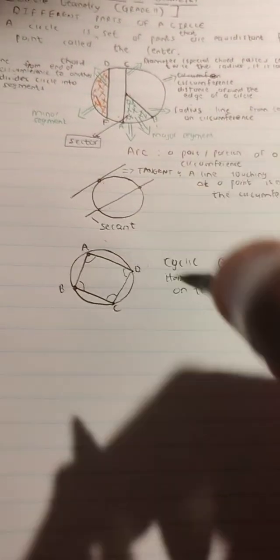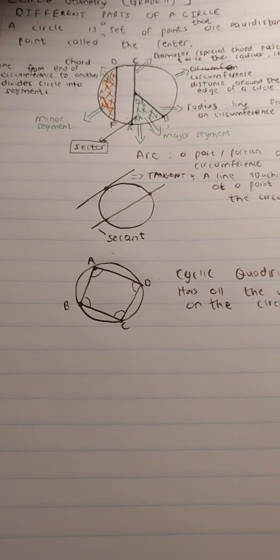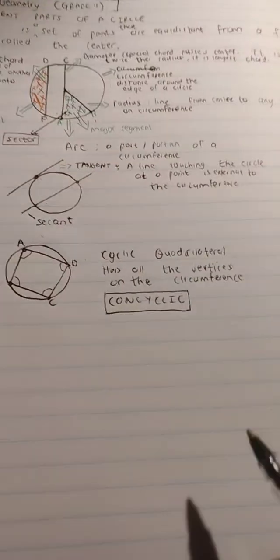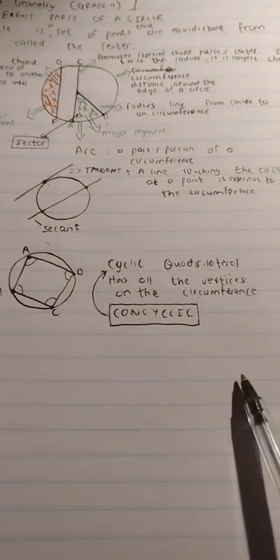Obviously, vertices then form angles, right? That we understand. Okay, another word that they use is concyclic. Concyclic is synonymous with cyclic quadrilateral.